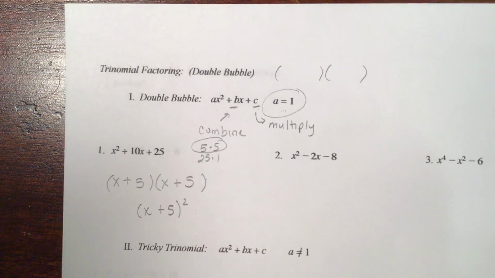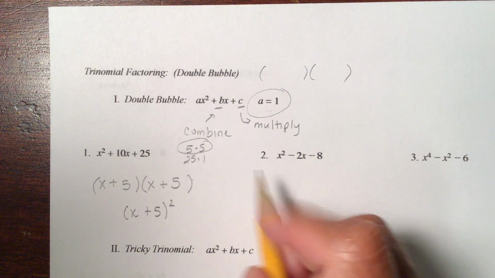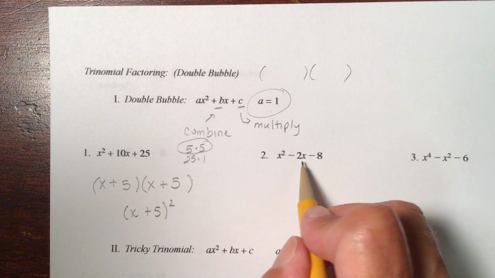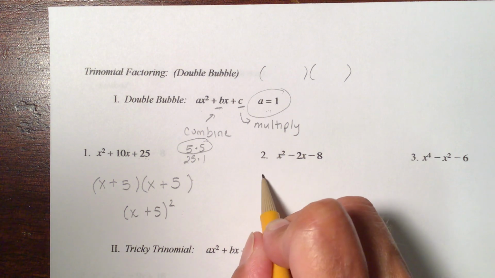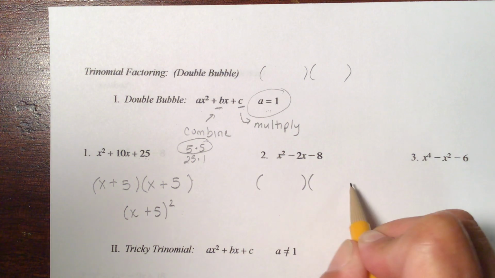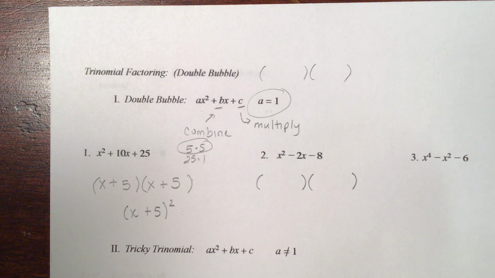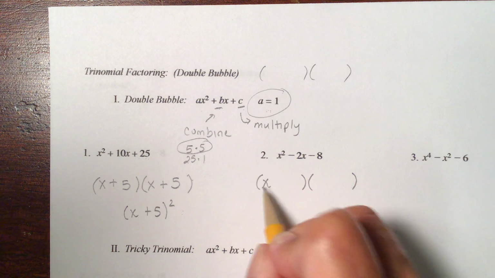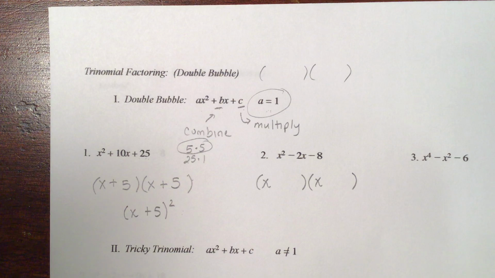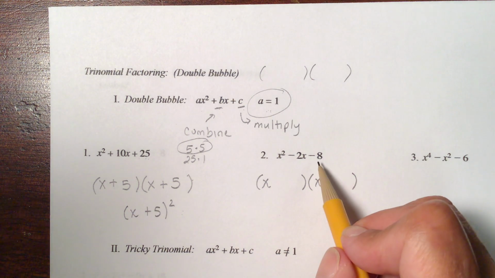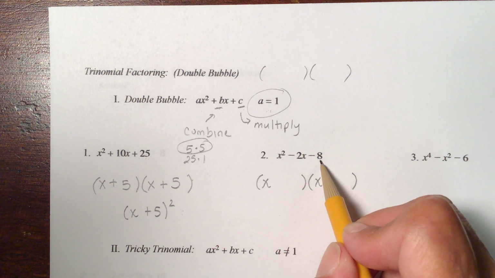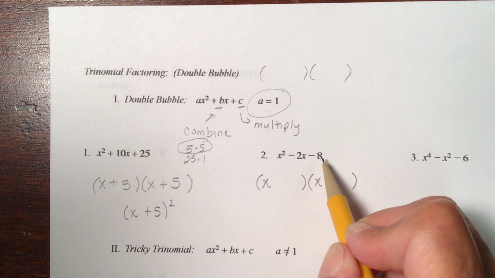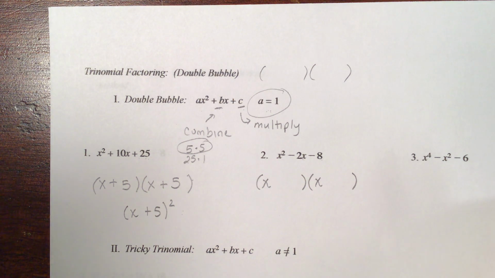Okay. For number 2, it's going to be three terms, right? ax squared plus bx plus c. So I have a trinomial. I'm going to double bubble. I put an x in each spot. And now I want to think of two numbers that multiply to -8 and combine to give me -2. Okay.